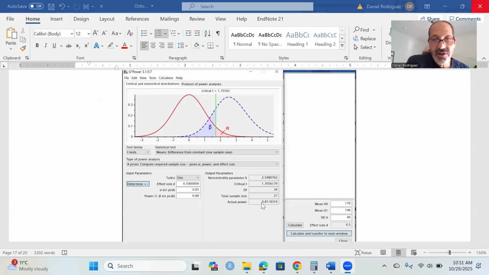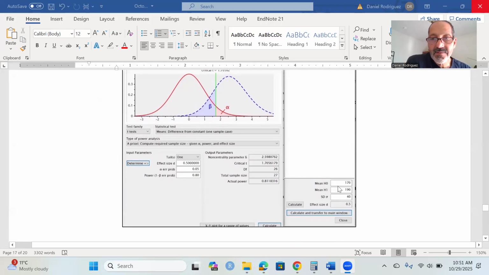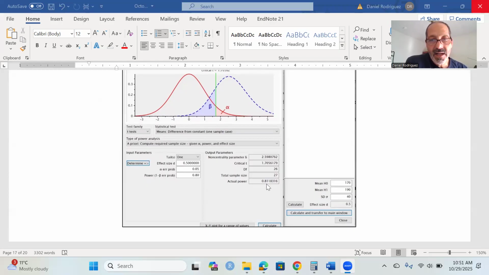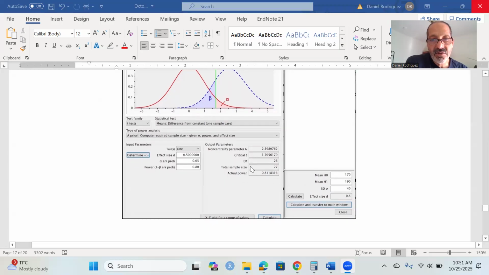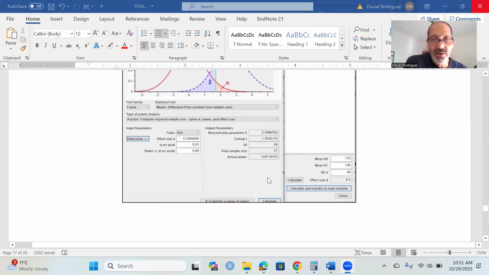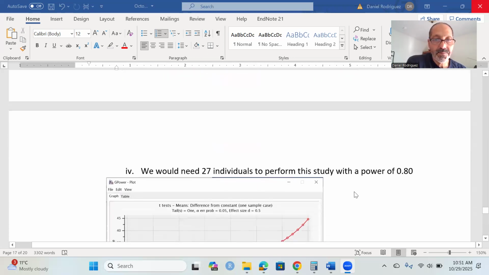If you click the determine button, you get this little window here. So I plugged in a mean of 170 for the null. Alternative was 190, and my standard deviation was 40. That gave me an effect size of 0.5, which populates this little window here. And I put in the alpha and I put in my power, and it tells me, oh, I need 27 participants to run this study. So it tells you total sample size and what the actual power would be with that sample size. It'd be like 0.81. Pretty cool, huh?